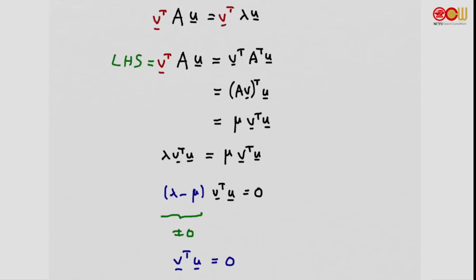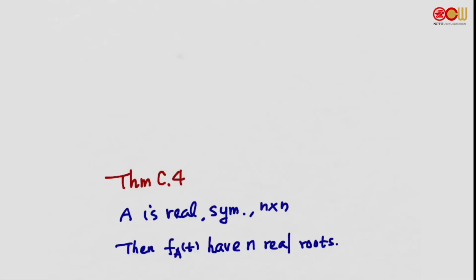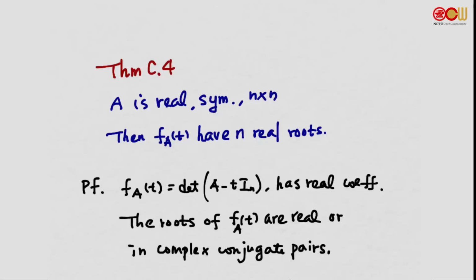For a matrix to be diagonalizable, it needs to have n real eigenvalues. And that's indeed the case with real symmetric matrices. This is what we are going to show here. The characteristic polynomial has n real roots. Matrix A is real, so its characteristic polynomial has real coefficients.